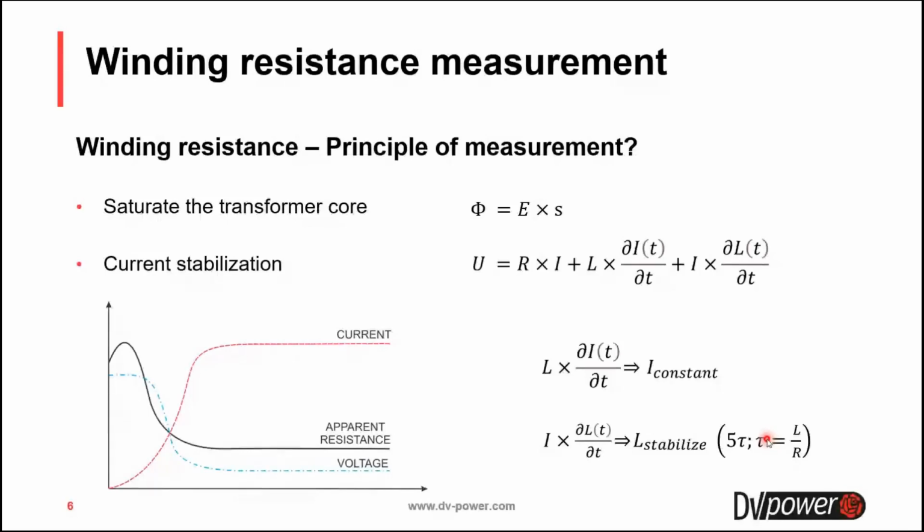Because of that, one of the crucial characteristics of winding resistance measuring equipment is the compliance voltage or open circuit voltage. To simplify, an instrument with higher voltage will saturate the transformer windings sooner and start the measuring. After the current becomes stable, we must wait to get stable readings. The time depends on the time constant.